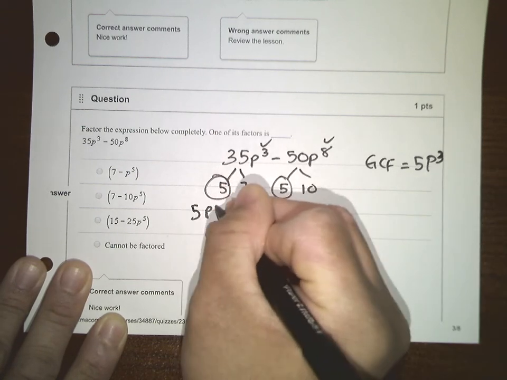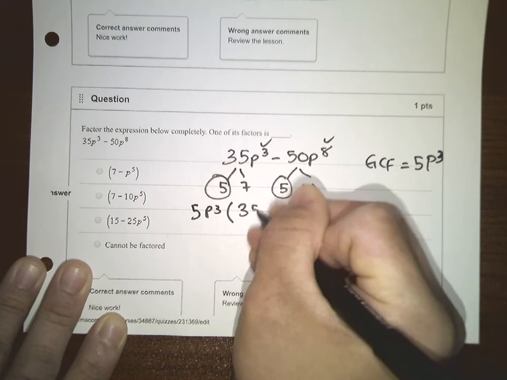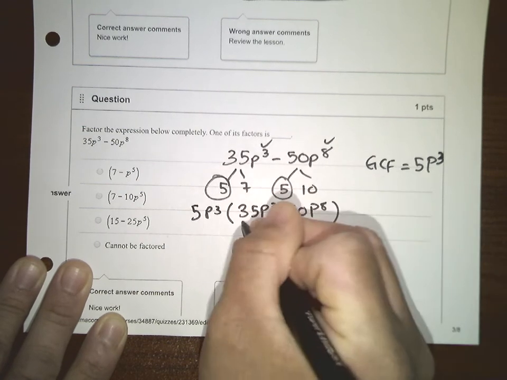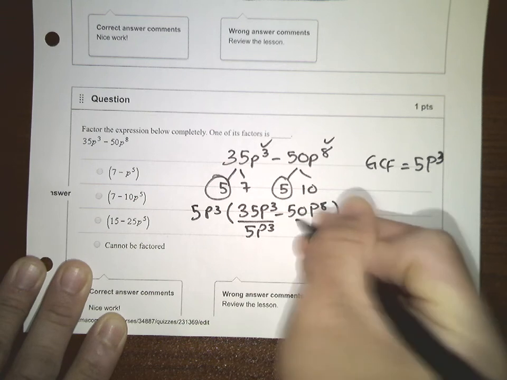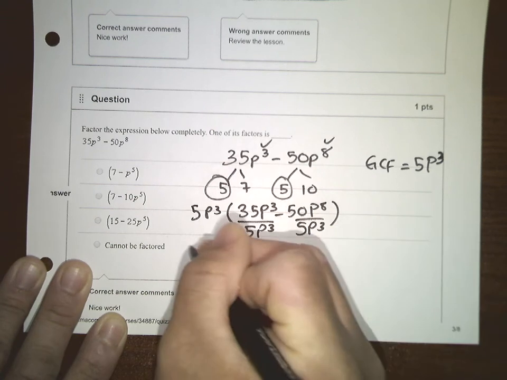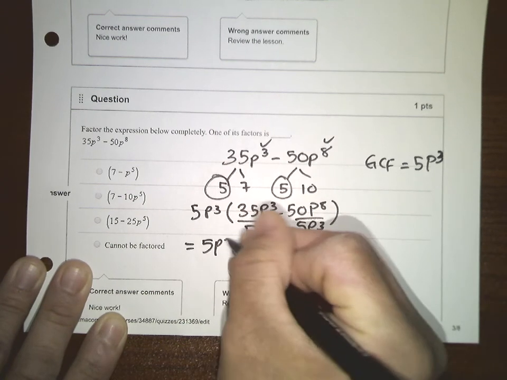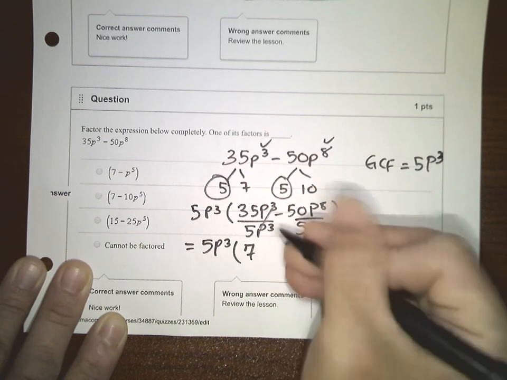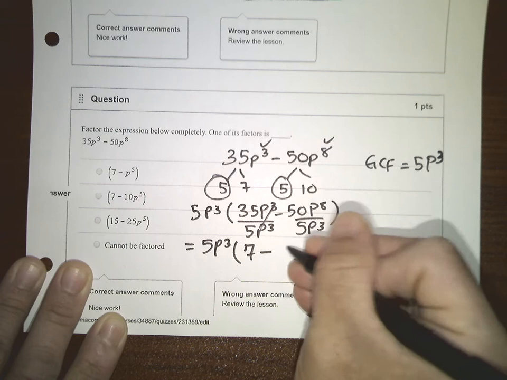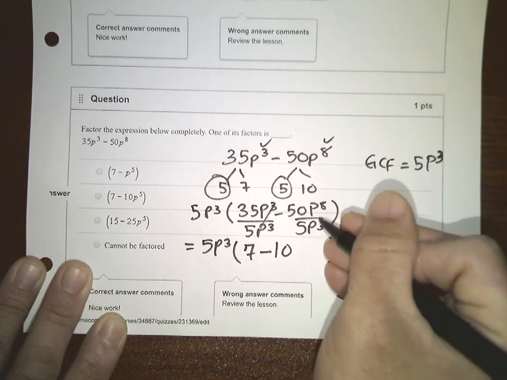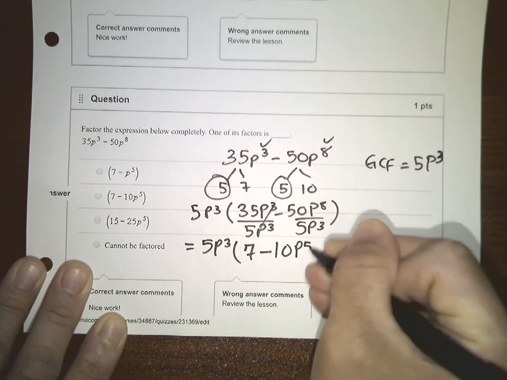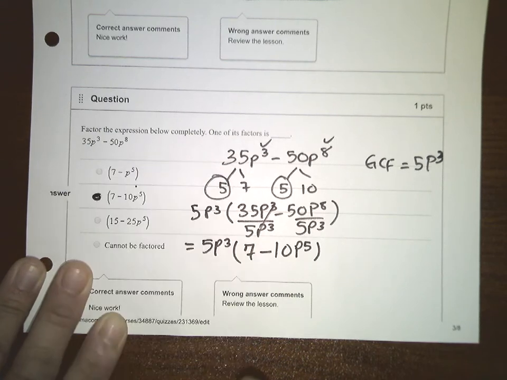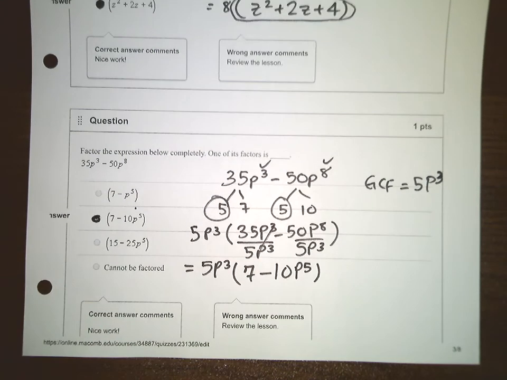So we have 5p to the third times 35p to the third minus 50p to the eighth, all over 5p to the third. So if I simplify, I have 5p to the third times 35 over 5 is 7. P to the thirds divide out, minus 50 divided by 5 is 10, and p to the eighth over p to the third is p to the fifth. So 7 minus 10p to the fifth is one of the factors.